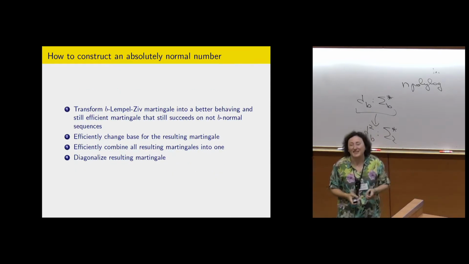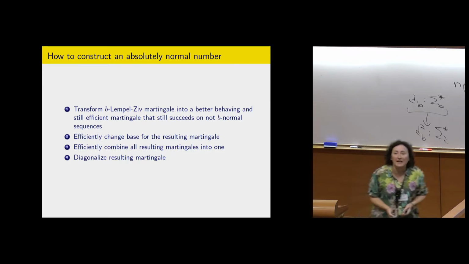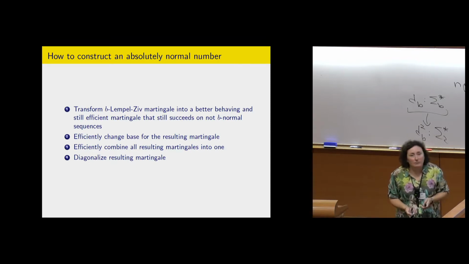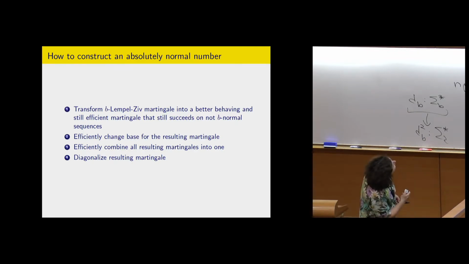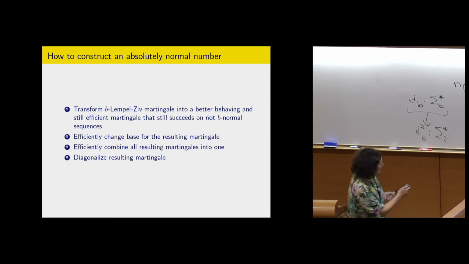Let me at least try to give you a bit more detail. You transform the base b Lempel-Ziv martingale into a better behaving martingale. You efficiently change base. Once the martingale is well behaving, this is more or less standard. It's an interesting idea, but we have used it before. We efficiently combine all resulting martingales into one, and we diagonalize. You probably understand what it means to diagonalize, but I'll probably show you a slide.